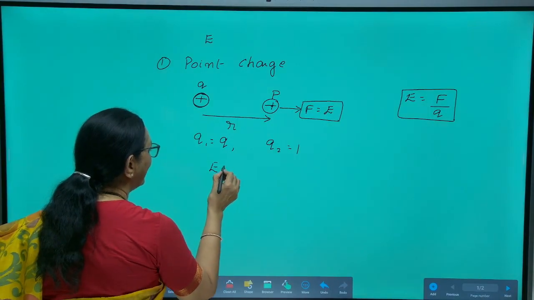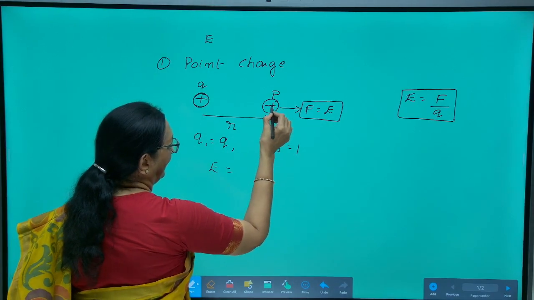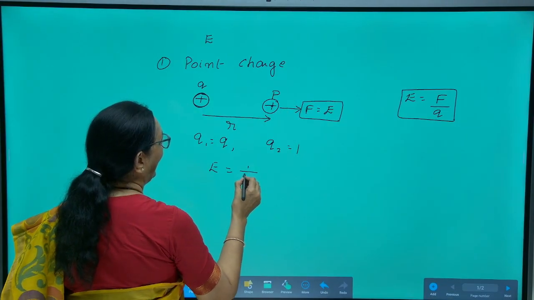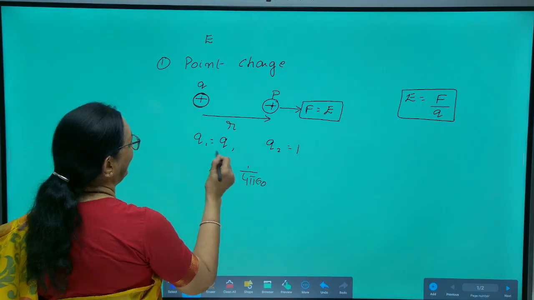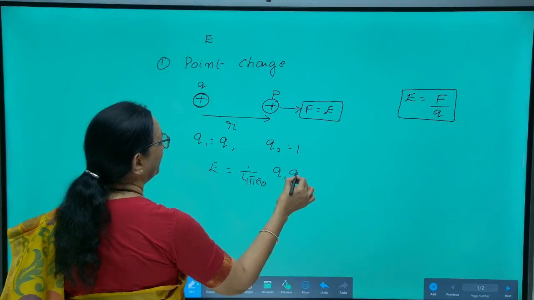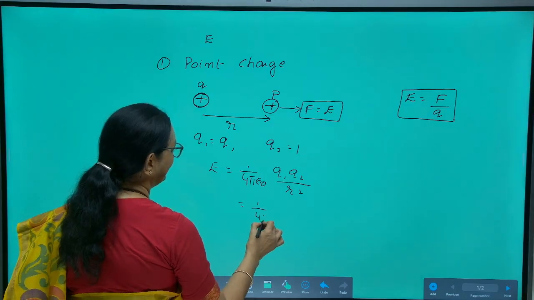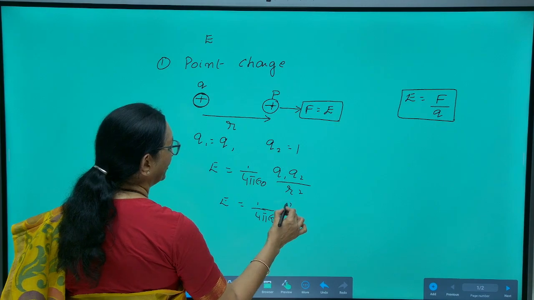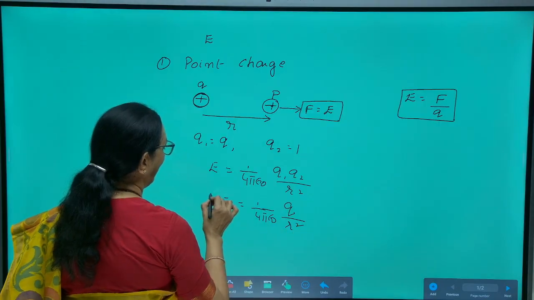From Coulomb's law, the force on this due to this charge, because of repulsion, will be in this direction, and that is given by 1 by 4 pi epsilon naught q1 q2 by r square. Here in this particular case, q1 is q and q2 is 1.